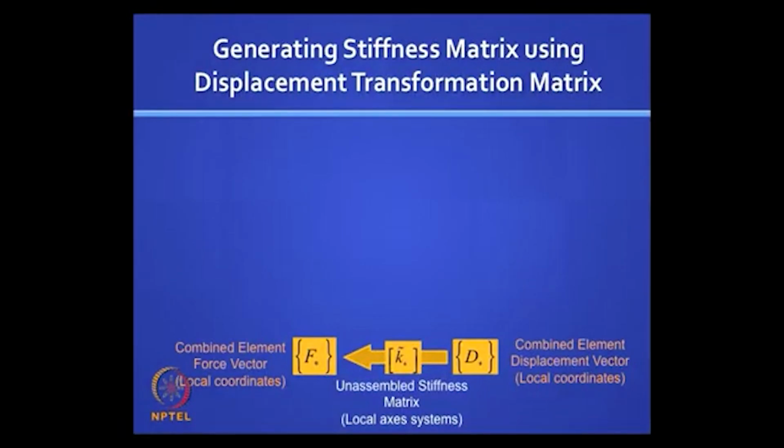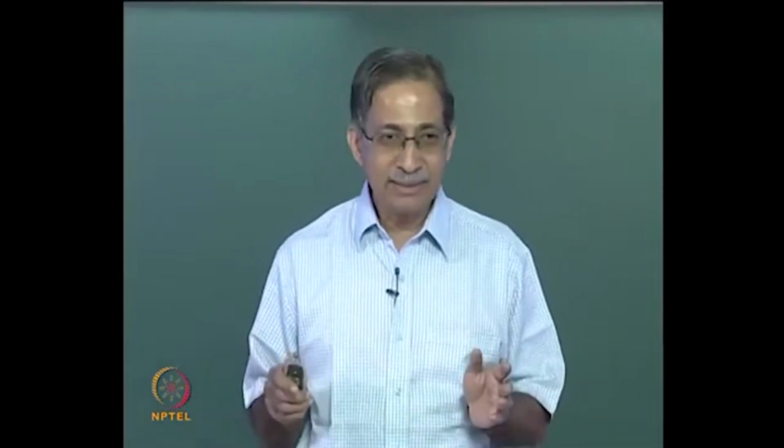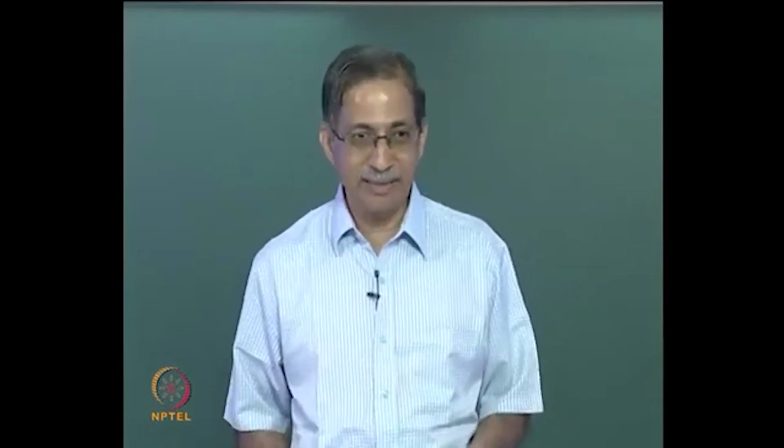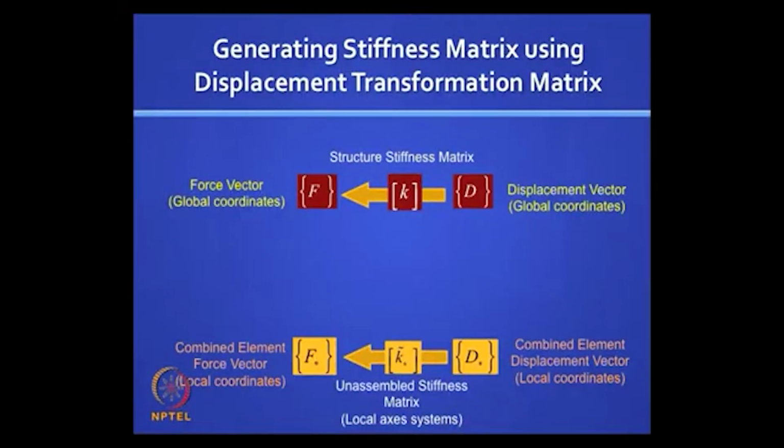Now you've got the stiffness matrix at the element level. You have got the TD matrix which relates the element level displacements to the structure level displacements. Our job is to find the structure stiffness matrix.